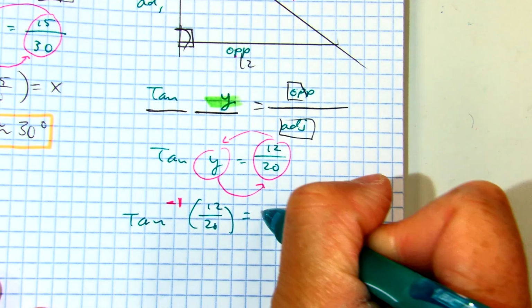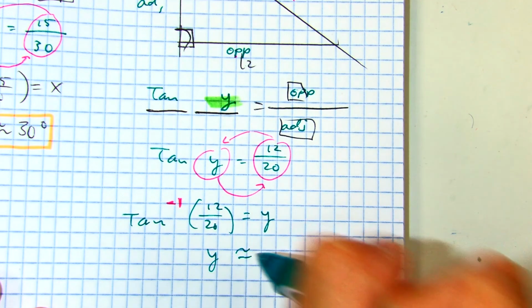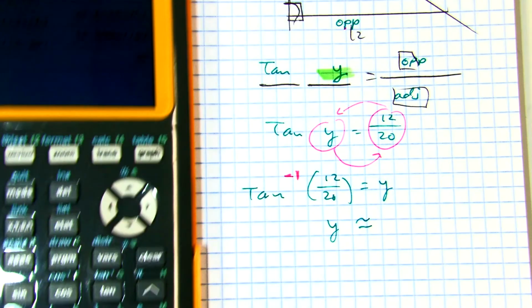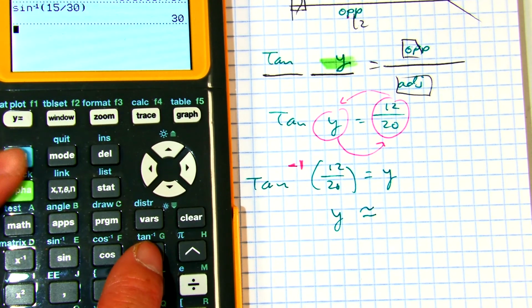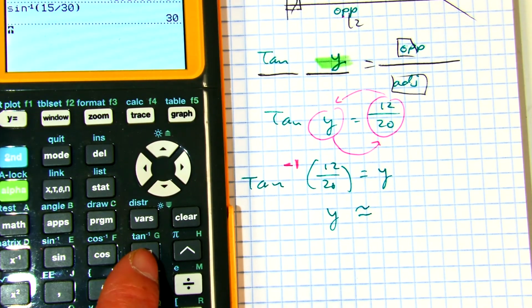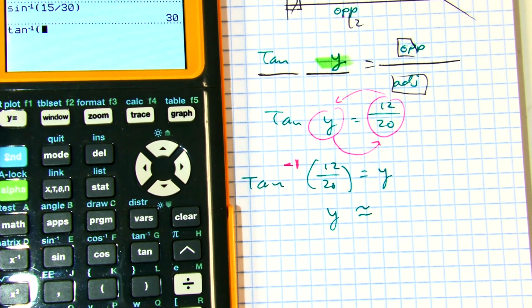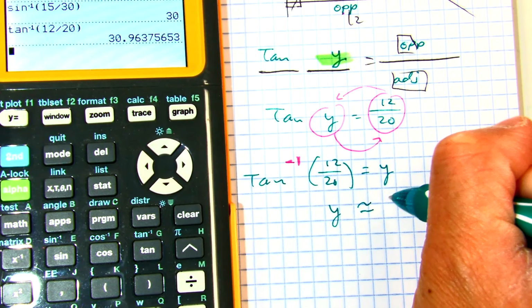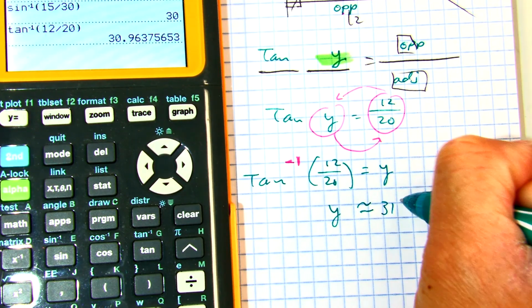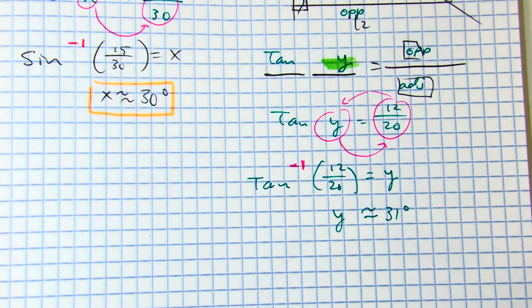There's my calculator ready equation. There it is above tangent, so I'm going to press second, then tangent, 12 over 20, and I get approximately, rounded to the nearest whole, 31 degrees. Clarify any questions your partner has? Ready, set, go.